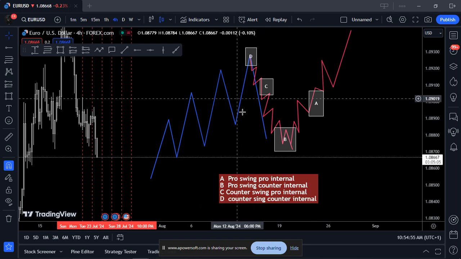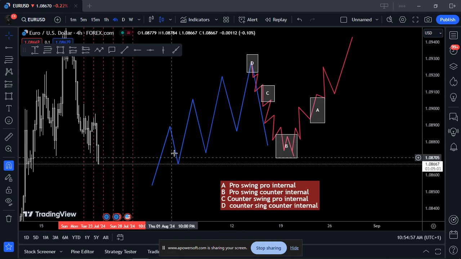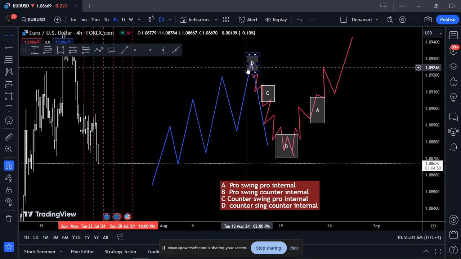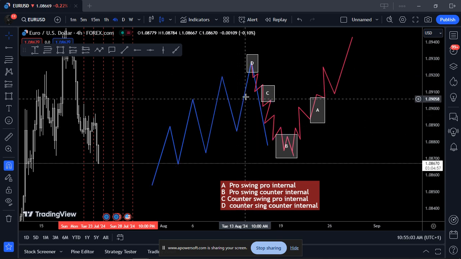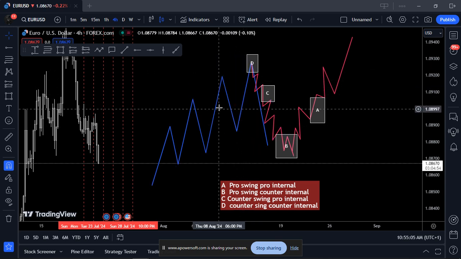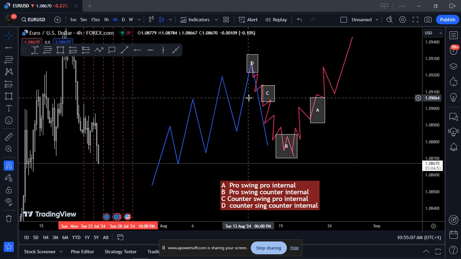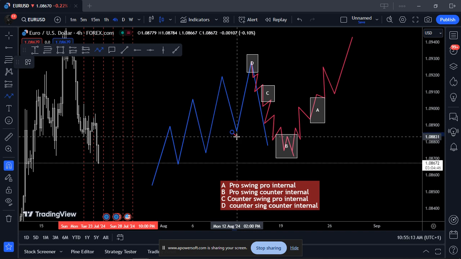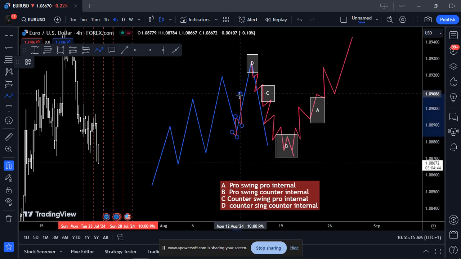Then D. D is going against everything. Higher time frame is coming up. And remember here there will be lower time frame going up here. So it's going against this one that is going up, and it's going against this one that is going up. So let me draw this one for you so you'll not be confused. Yes, there will be one here.